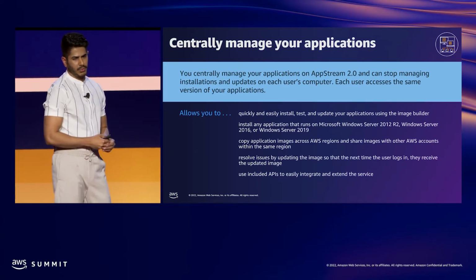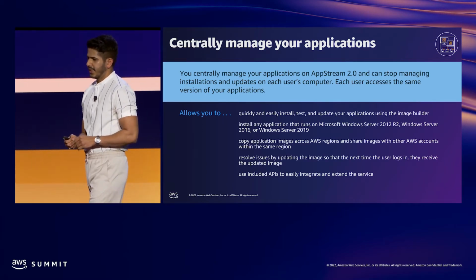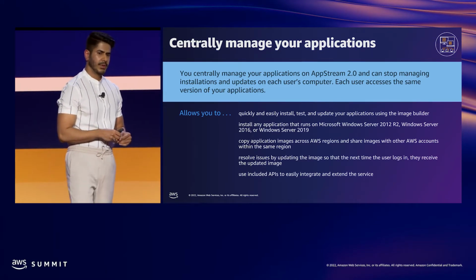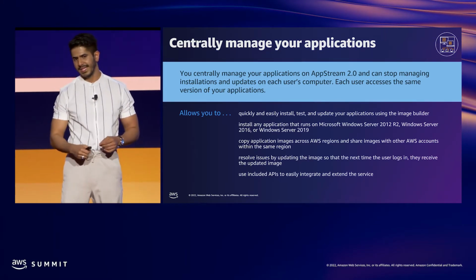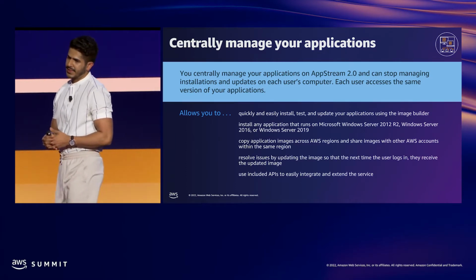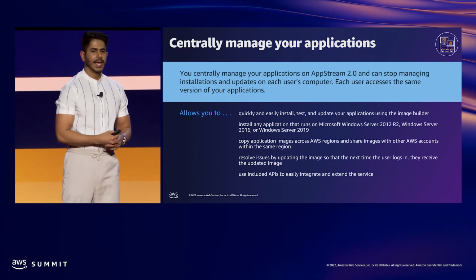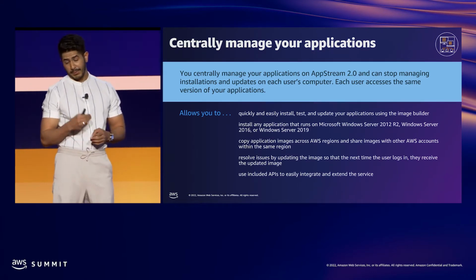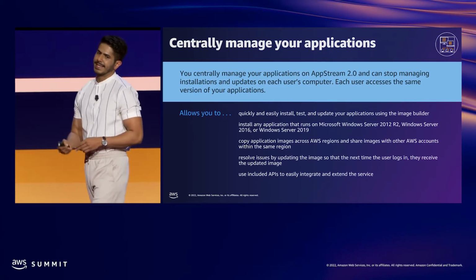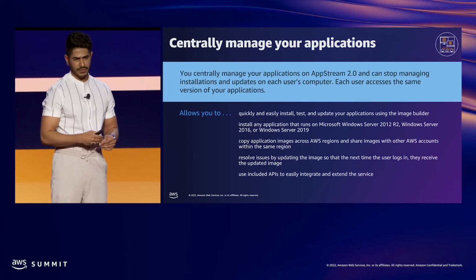AppStream 2.0, being an application streaming service, comes in really handy in a way that administrators do not have to worry about installing an upgraded version of the application on each user's device. They can update their golden image with the most up-to-date version of the application, and they can apply that golden image across the board to all the fleet instances that are spun up so that the next time a user logs into their instance, they're seeing the most up-to-date version of their application.